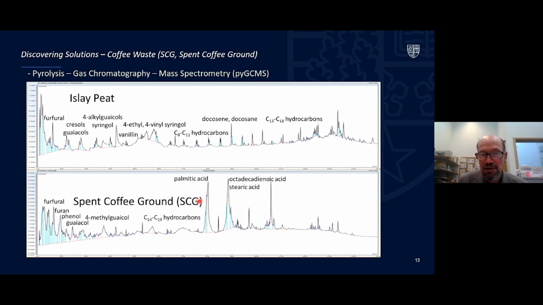So we have this additional component in coffee ground that isn't present in peat. And these fatty acids are of quite significant interest as potential substitutes for palm oil. And so spent coffee ground has been looked at as a potential source of a substitute for palm oil, which again, rather like peat, is very much in the news at the moment in terms of its sustainability and the crisis that we're in terms of extracting that.